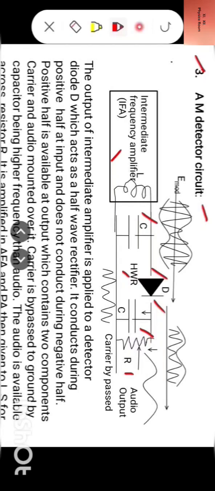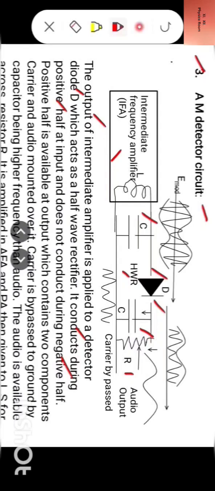And let us see how it happens. The output of intermediate frequency amplifier is applied to a detector diode D, which acts as a half wave rectifier. It conducts during positive half at input and does not conduct during negative half at input.